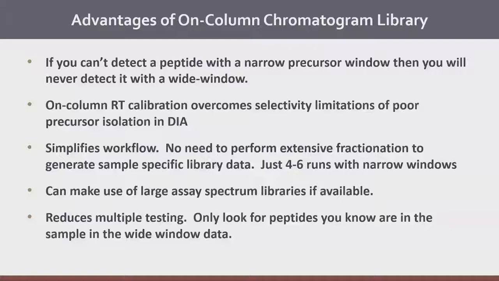It also has a lot of partially tryptic peptides, oxidized methionine, et cetera, that are not present in our fully tryptic prediction from the FASTA file. So it has an increased number of peptides that we know are present in the sample, and it does not have all the extraneous stuff that we know we never see. It really reduces multiple testing, so you only look for peptides you know are in the sample in the wide window data.